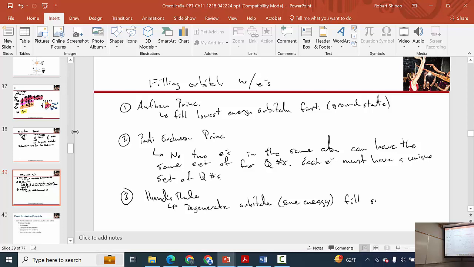Fill singly, that is one at a time, with parallel spin. Spin is the magnetic moment, spin up or spin down.